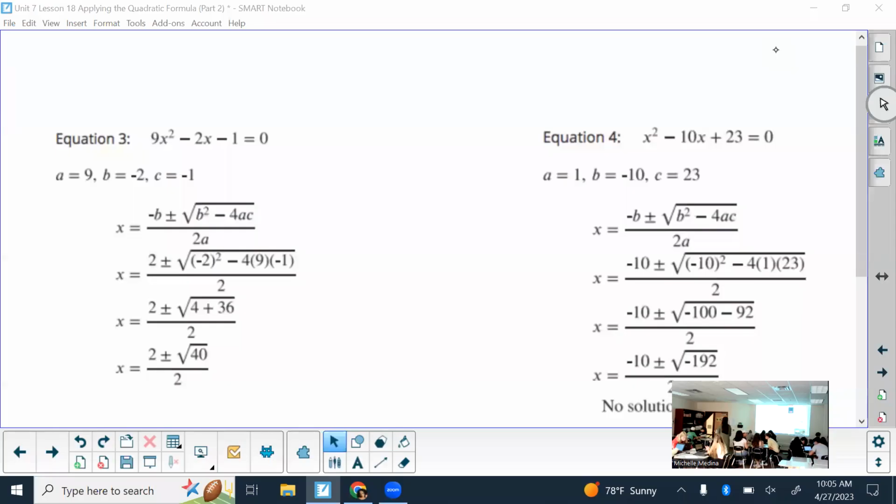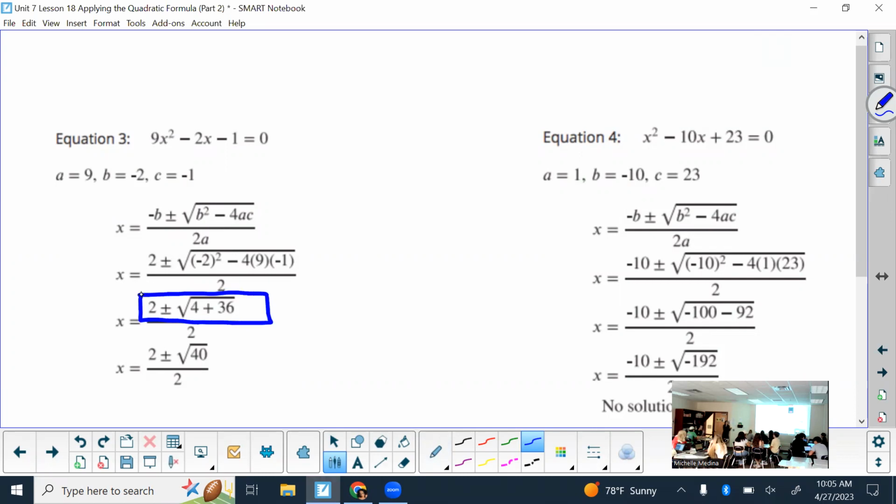So equation 3, raise your hand. Where do you think the mistake was made? Jalen? Right here, right down here? Yeah. Okay, like this part of it? Or that whole part? Okay, what do you not like about it?